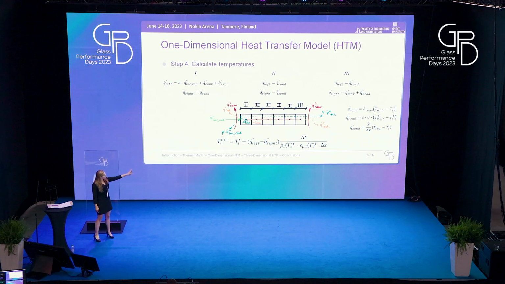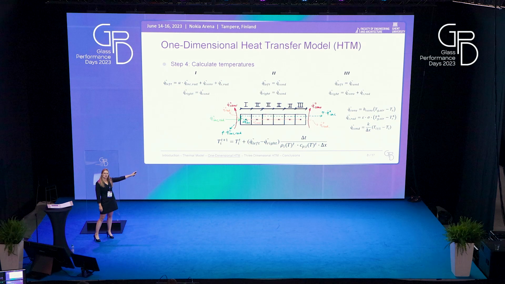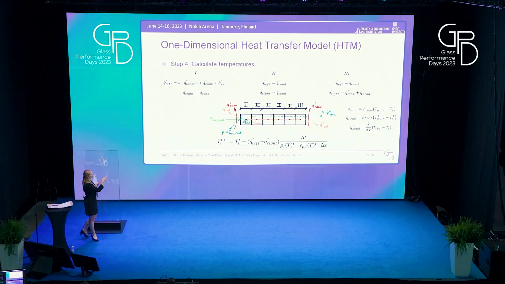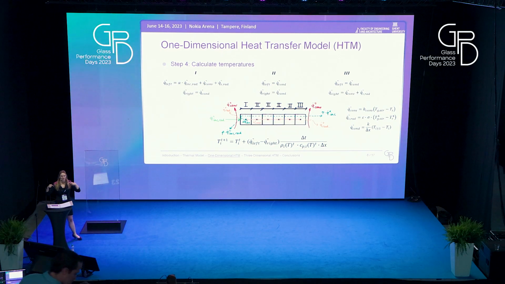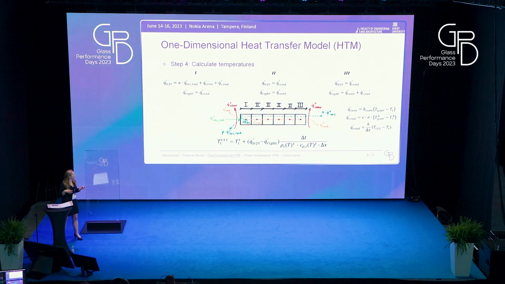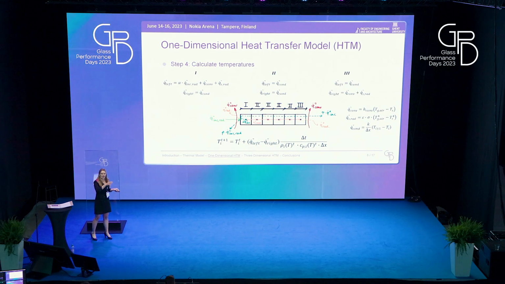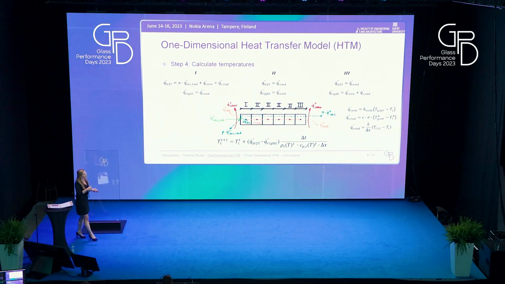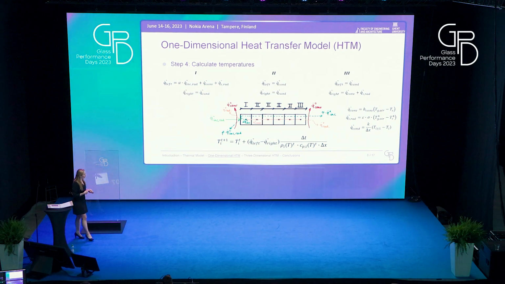Then all the elements from there onwards, except for the very last one, all look the same. I call it element 2. For them, it's all about conduction from the left side and conduction from the right side, both from the neighboring slices. And then you have the third element, at the unexposed side, where from the left-hand side you have conduction, and from the right side, you have the convection and the surface radiation.